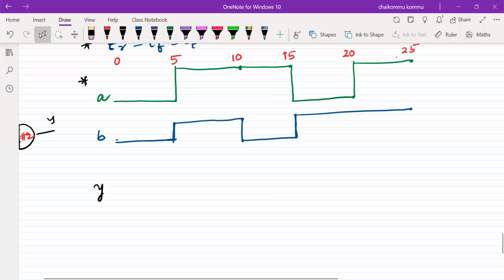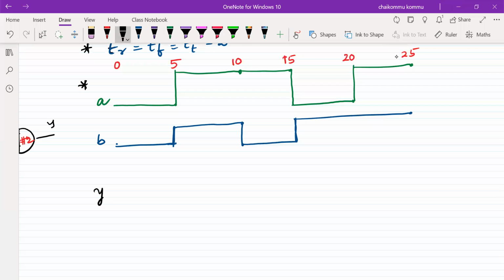We have been starting from 0 nanoseconds. At 0 nanoseconds, please listen very carefully. When A is equal to 0 and B is equal to 0 at 0 timing units, what should be the output signal for an AND gate? 0. So at 0 nanoseconds it should be there, right? But at 0 timing units the 0 value cannot come. Why?